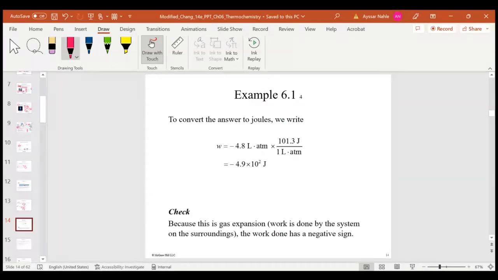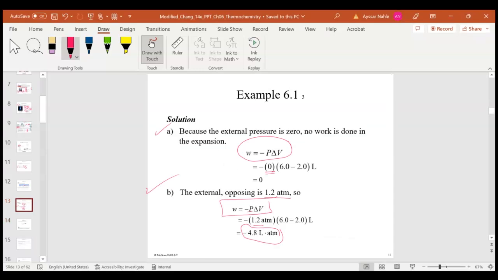Now, to convert the answer, the answer in here was liter times atmosphere. Of course, because this is in liters and this is in atmosphere. But when we talk about energy, we don't usually express it as liter atmosphere.